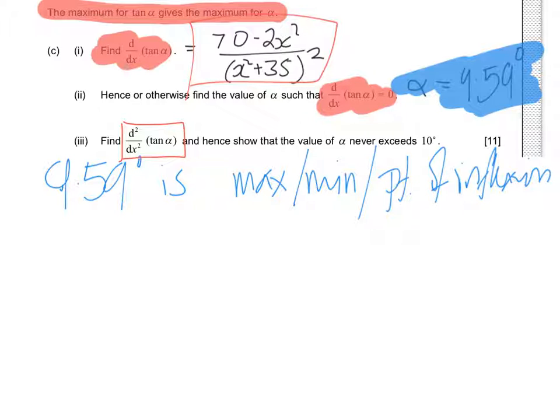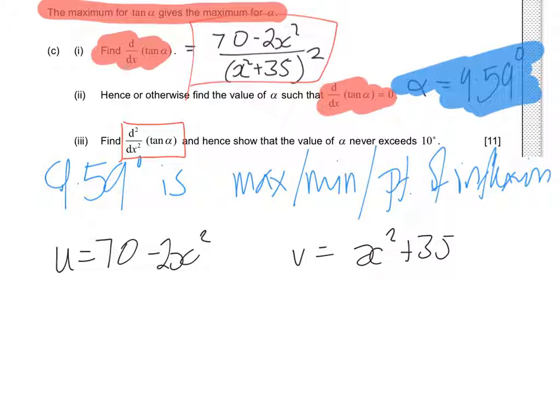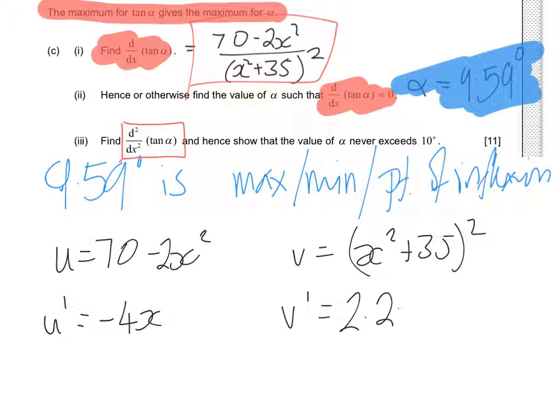So we're differentiating 70 minus 2x squared over x squared plus 35 squared. We've got u is 70 minus 2x squared, v is equal to x squared plus 35 squared, du by dx is equal to minus 4x, dv by dx is equal to 2 times 2x times x squared plus 35 to the 1.